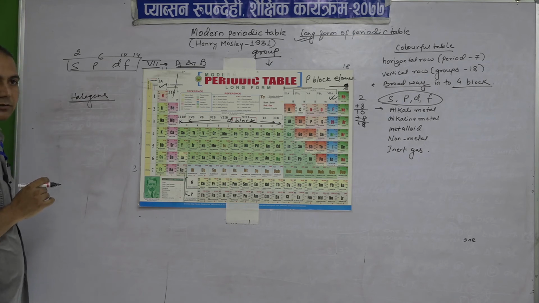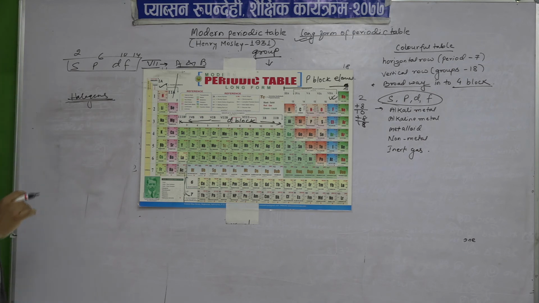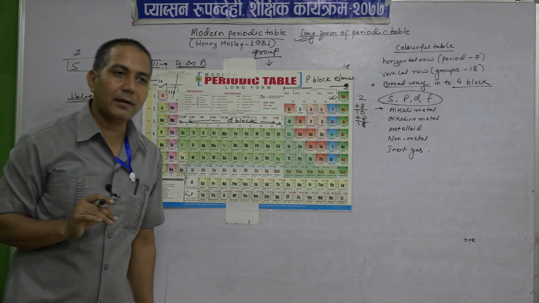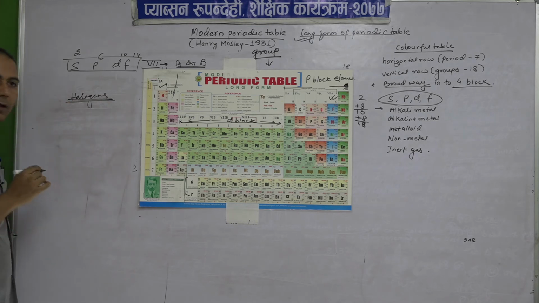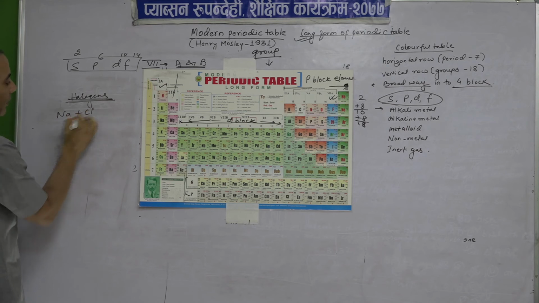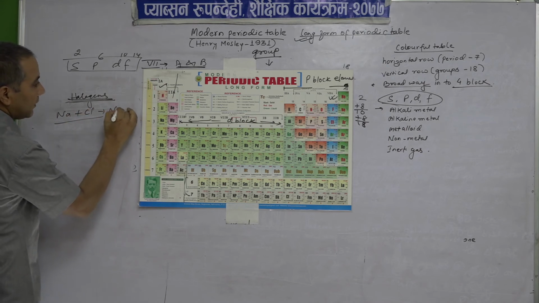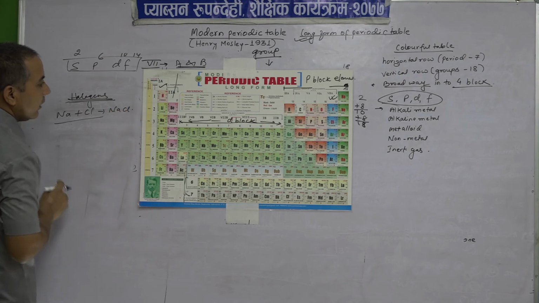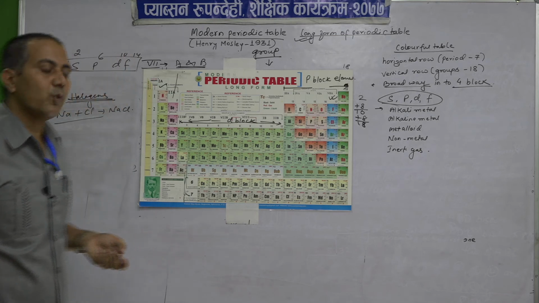They are non-metals and they are highly reactive with metals. For example, sodium plus chlorine gives sodium chloride. Likewise, bromine plus potassium gives potassium bromide.